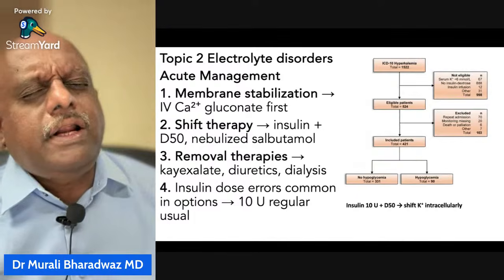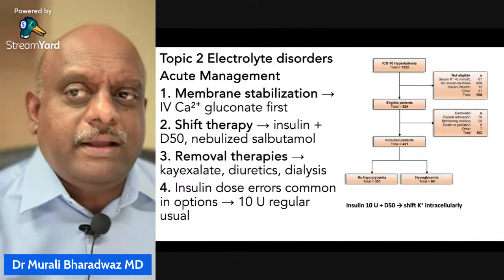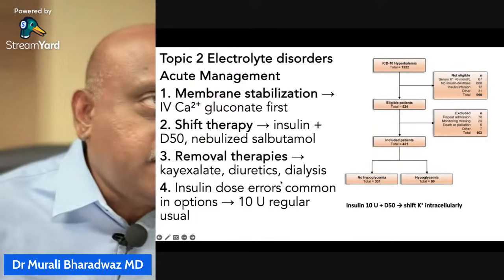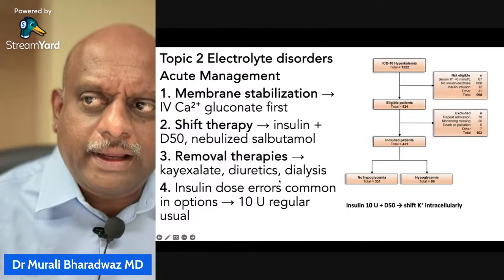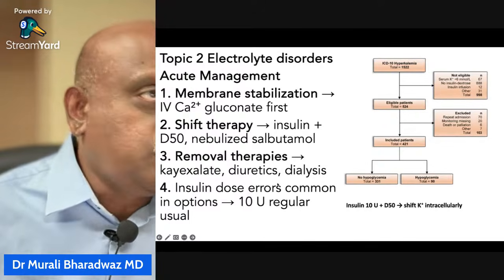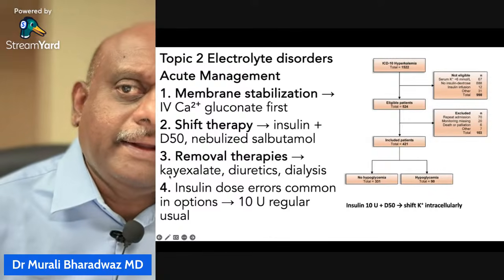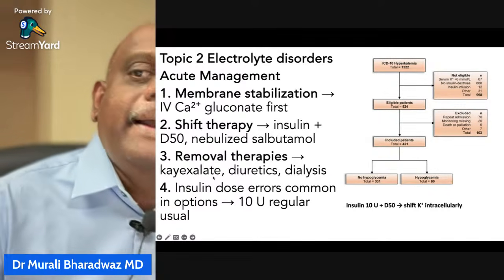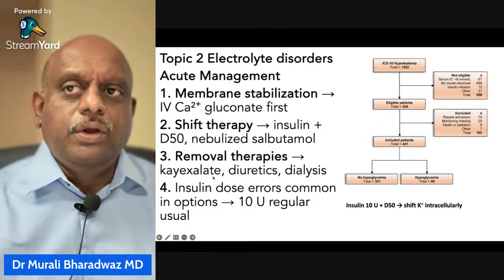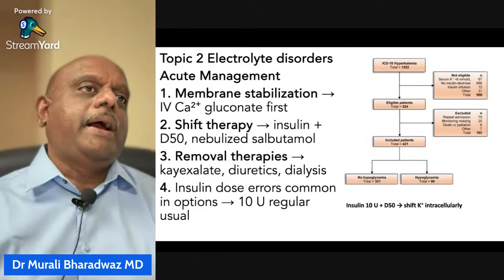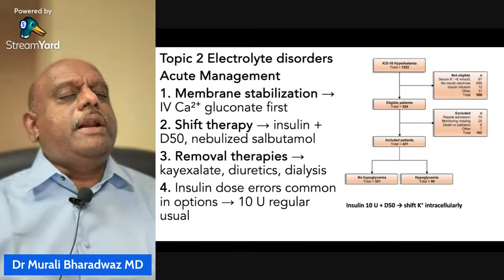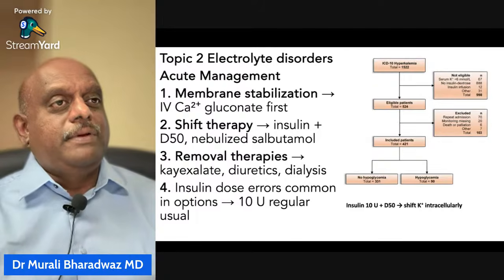Okay, so what is the long-term therapy of hyperkalemia? We give diuretics like the loop diuretics, dialysis, and we also use potassium binding resins in order to treat hyperkalemia. Now, what is the relation between insulin and potassium?